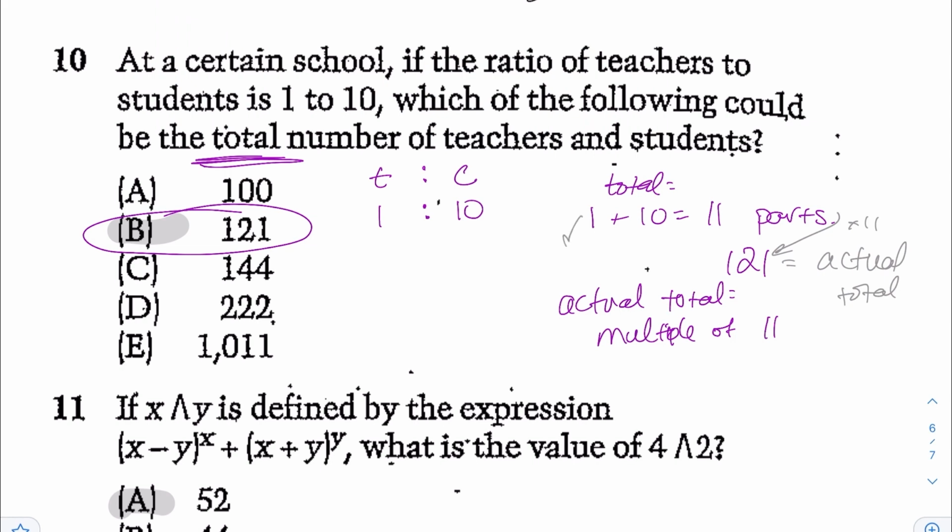So that means that if you multiply each of these parts by 11, you'll have 11 teachers to 110 students. And that makes sense. Because here, 11 is a whole number, 110 is a whole number, and the ratio here is 11 to 110, which simplifies into 1 to 10. And the total, of course, is a multiple of 11, so the answer is going to be choice B.